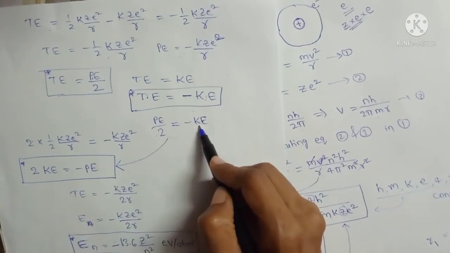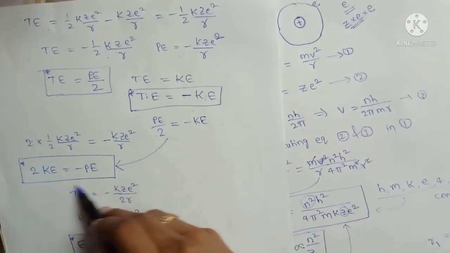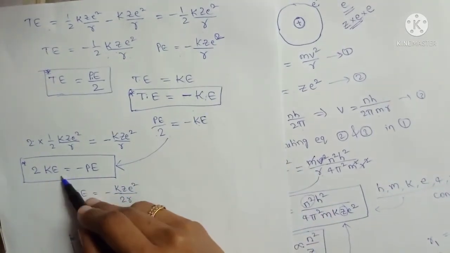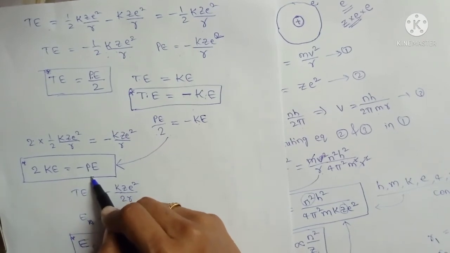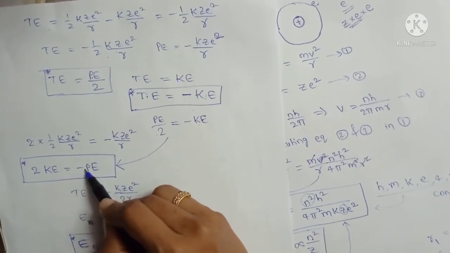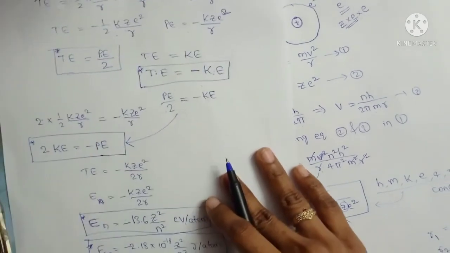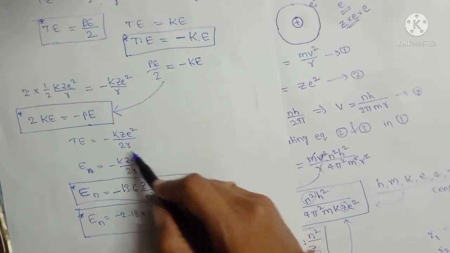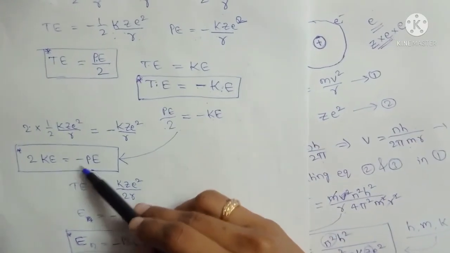If 2 goes to this side, this is the relation: 2 into kinetic energy equal to minus potential energy. So potential energy is always negative in sign. So these three are important equations.